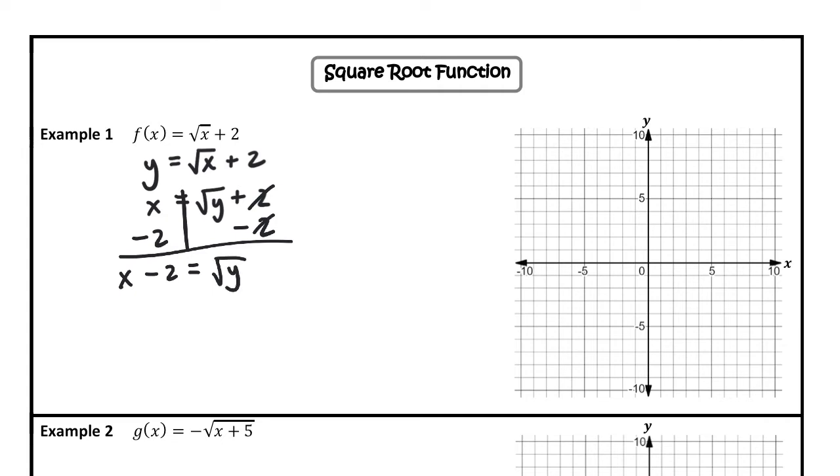How do I cancel the square root? So to cancel a square root, I square both sides, and so I end up getting x minus 2 squared equals y, because these two cancel each other out.